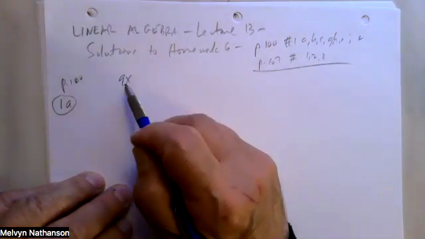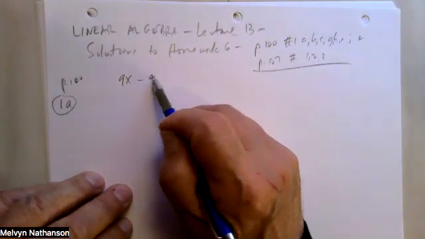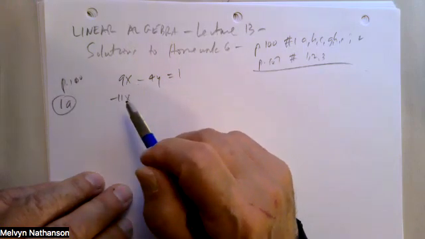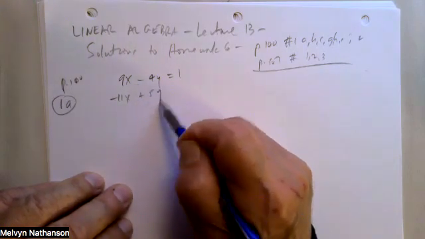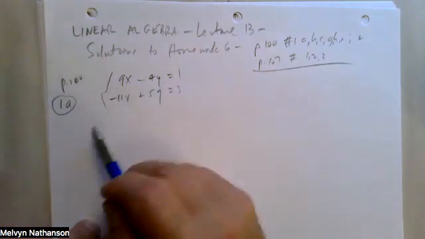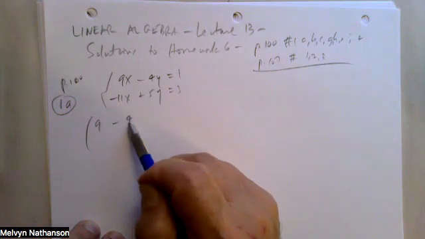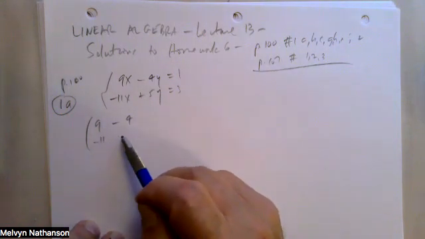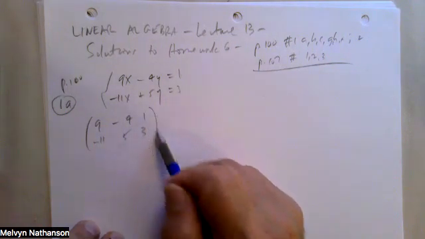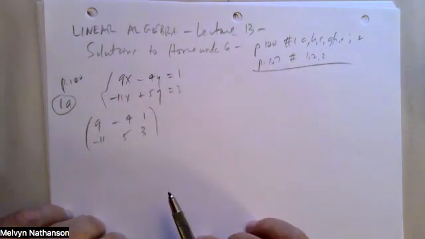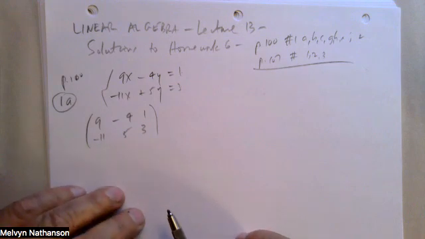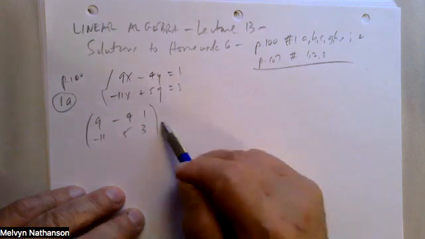We have the pair of equations 9x minus 4y equals 1, minus 11x plus 5y equals 3. So the matrix of coefficients is 9, minus 4, minus 11, 5, and we augment with the right-hand side, 1, 3. We want this augmented matrix in reduced row echelon form.